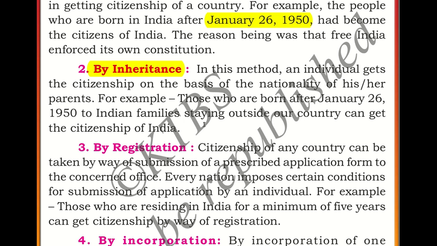So this will be subjected to certain conditions. However, for people of Indian families who are staying abroad, when a baby is born, they can become the citizen of India. This is called citizenship acquired by inheritance.